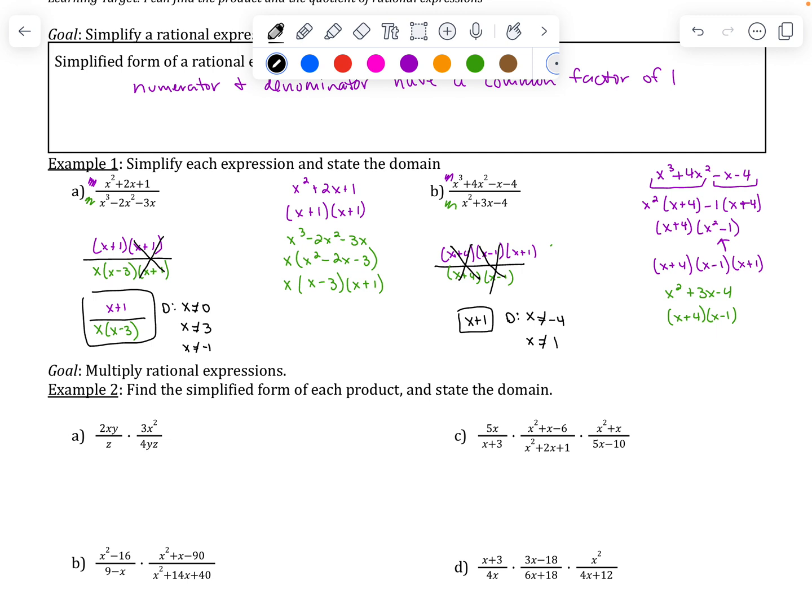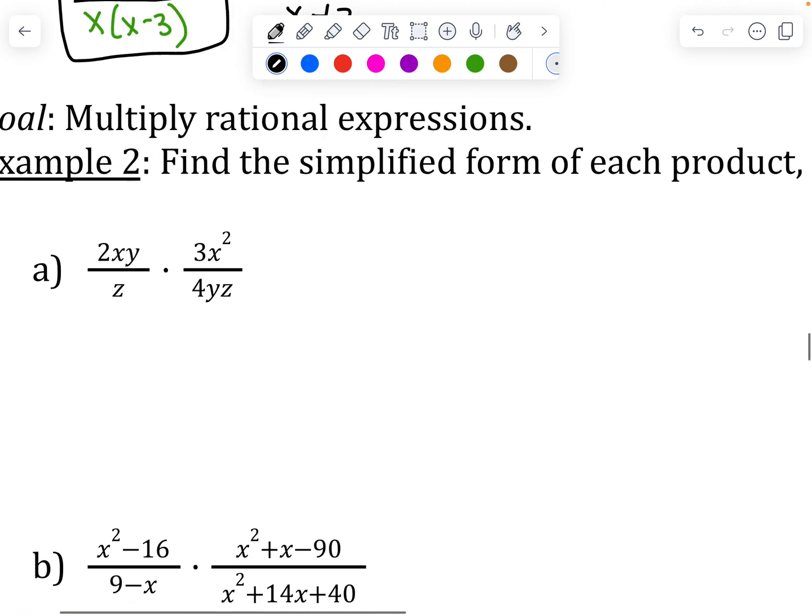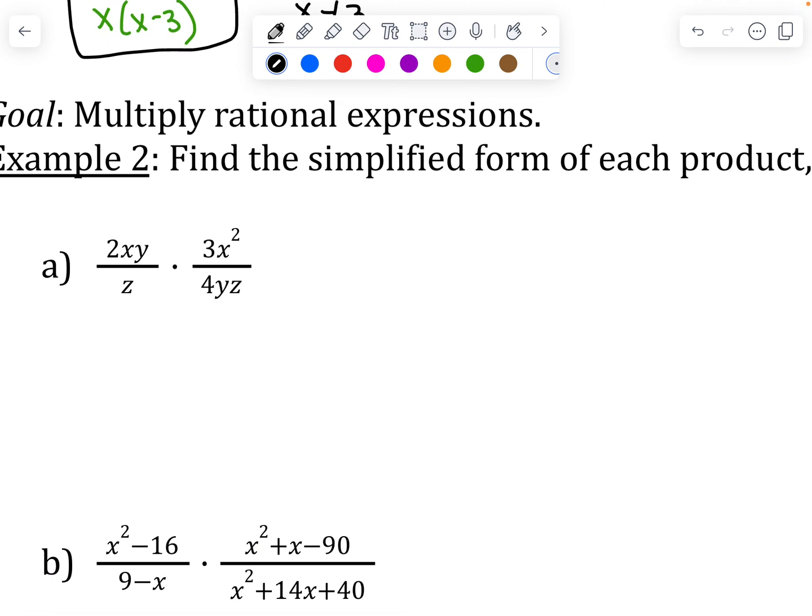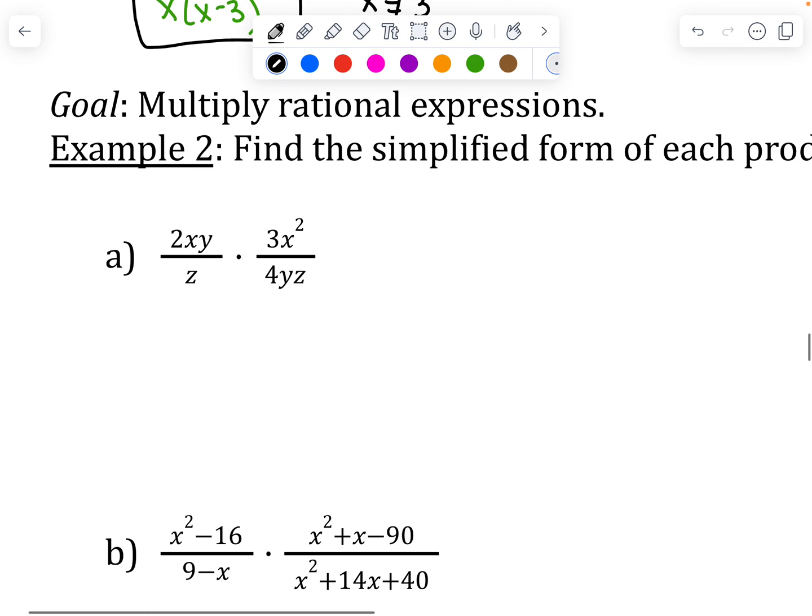So when you multiply, it's the same concept as far as you're going to try to cancel as much as you can. Okay? Remembering our exponent rules, if you're multiplying the same thing times the same thing, you're going to add those exponents, just as a reminder. When I'm looking at this first one here, I can see that I have a lot that cancels.